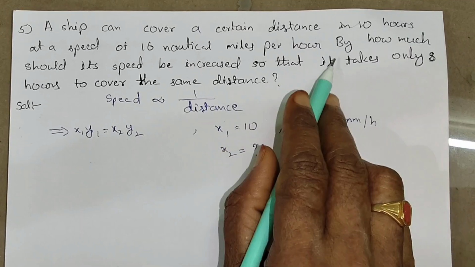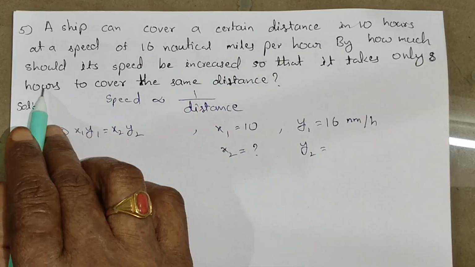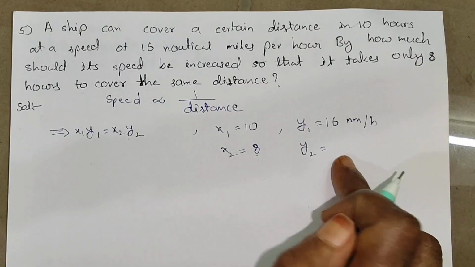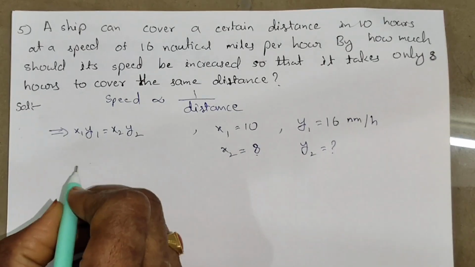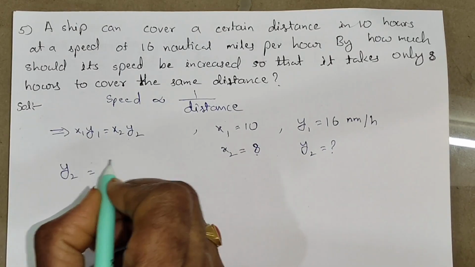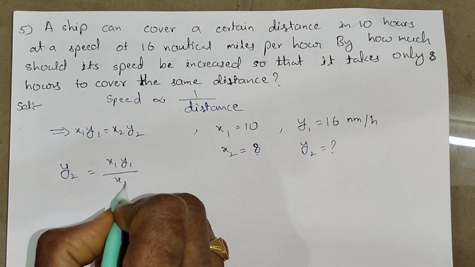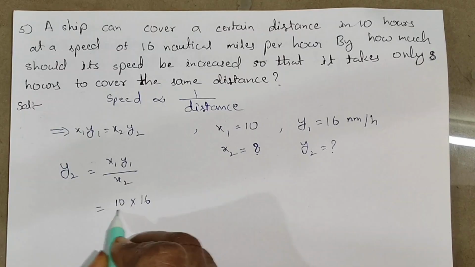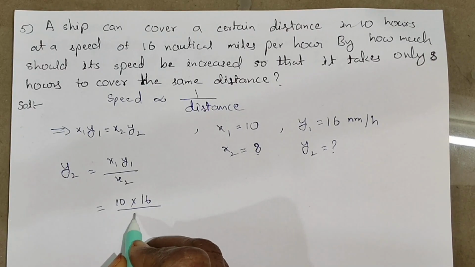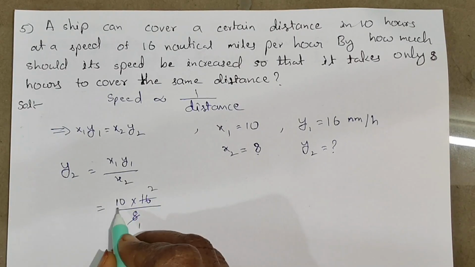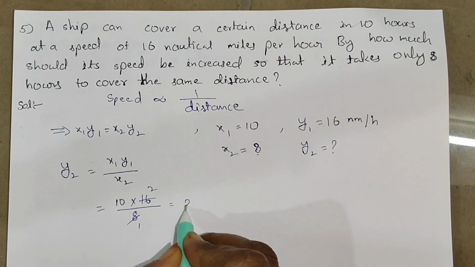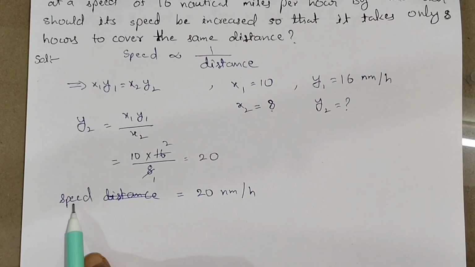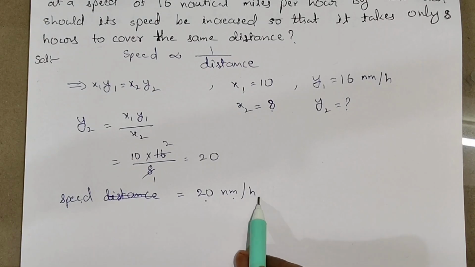So now here we write y2 equal to x1 y1 by x2, here x1 equal to 10, y1 equal to 16, by 8, x2 equal to 8. So 8 ones are 8, 8 twos are 16, here 10 into 2 is 20. Here y2 equal to 20, the speed is 20 nautical miles per hour.